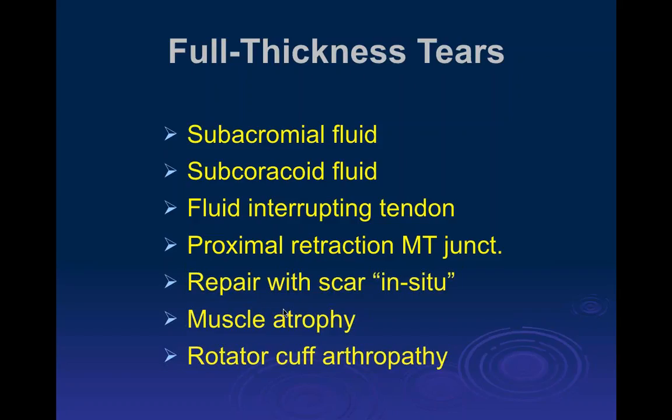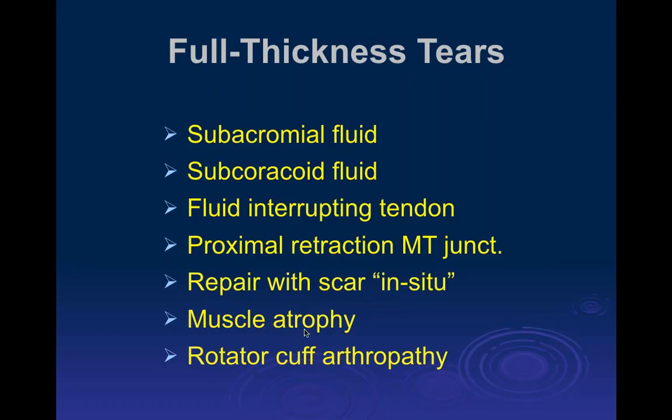Now, the other thing to be concerned about: you can have a full thickness tear that's chronic and pulls away. You can have scarring in the area of the tendon, and you can actually get scar in situ, which can be dark on an MR sequence. And I'll show you examples of that. Those typically are symptomatic, and they typically need to be treated by resection of the scar and repair of the tendon tear.